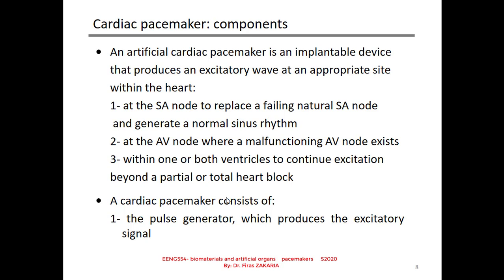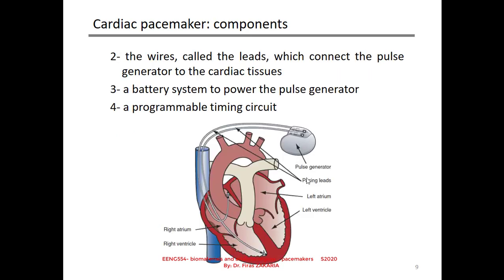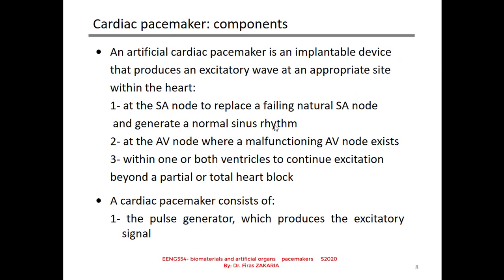The cardiac pacemaker as a block diagram, this is a figure of the cardiac pacemaker. It consists of a pulse generator, leads or wires, a battery and a programmable timing circuit. فإذا البulse generator عادة produces the excitatory signal.